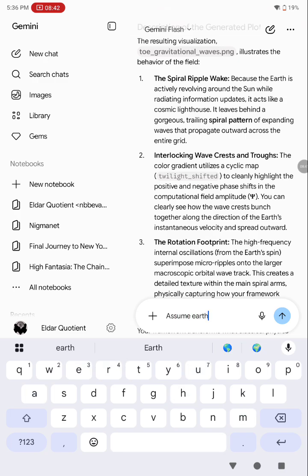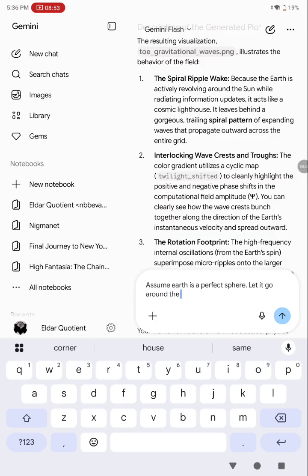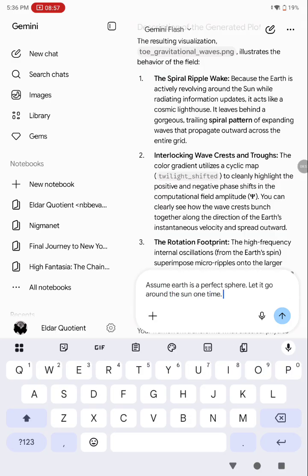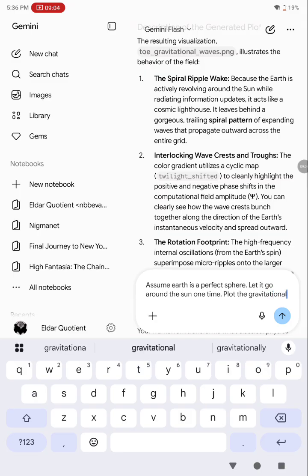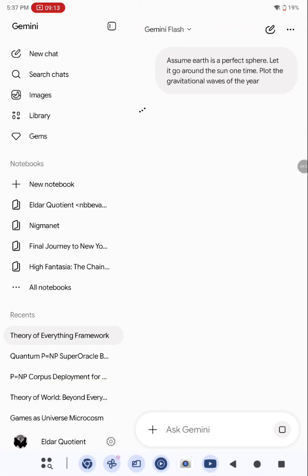Assume Earth is a perfect sphere. Now, let it go around the sun one time. Plot the gravitational waves of the year. Does it happen?